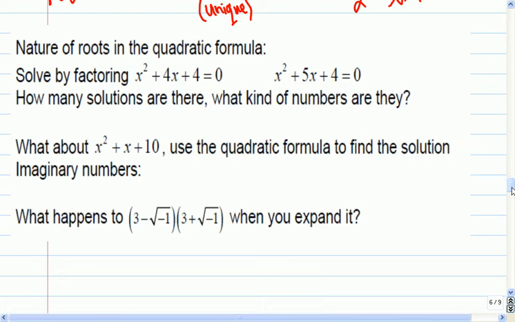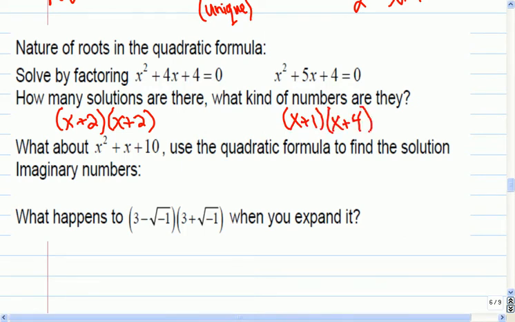Now, your textbook is going to go a little further than what we just talked about. The textbook is going to talk about real roots, imaginary roots, stuff like that. If we take a look at these first 2 examples, these were the easy ones we started with. You get x plus 2 times x plus 2. And for this one here, we would have x plus 1 and x plus 4.